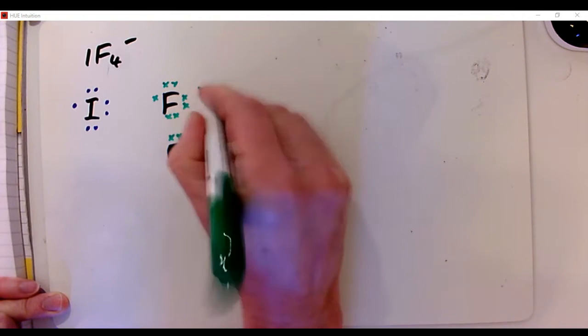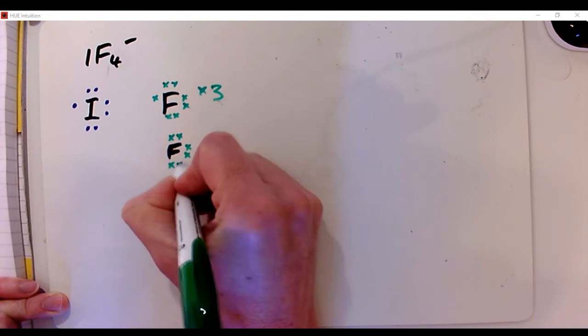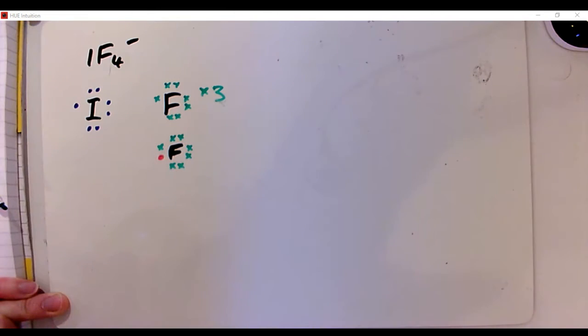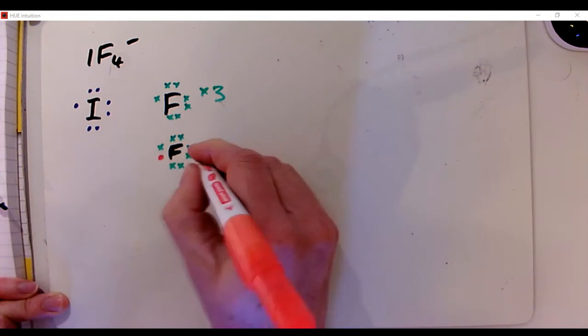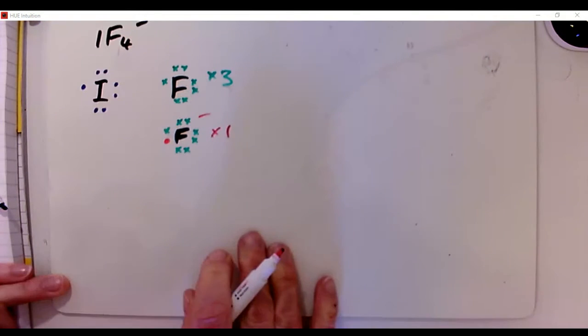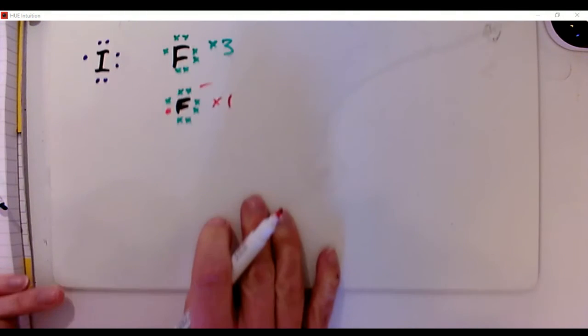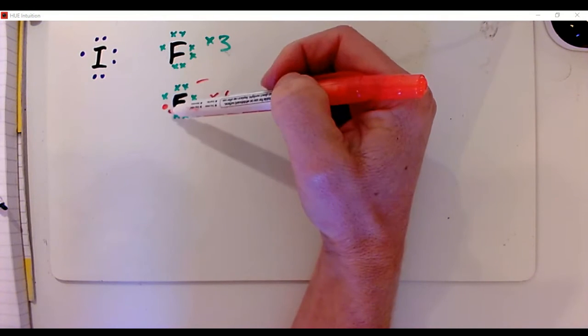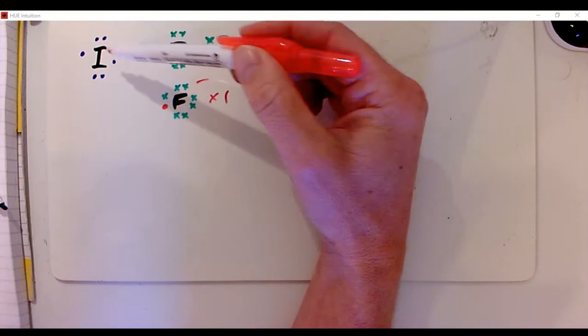And that's by 3. Let's give it a different format. Okay, and that's by 1. It's 1 fluoride. Okay, so we can only have single covalent bonds here. So we've got 4 single covalent bonds.